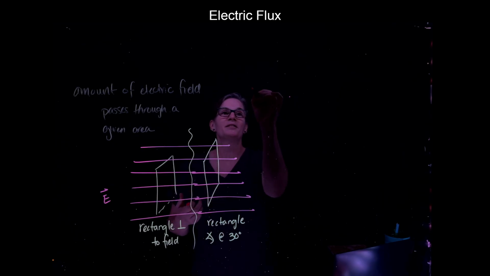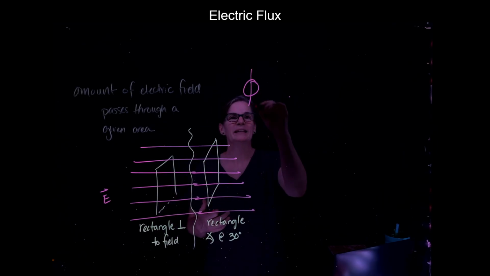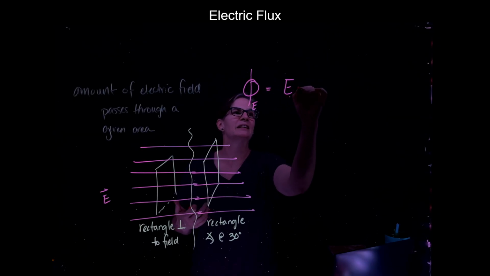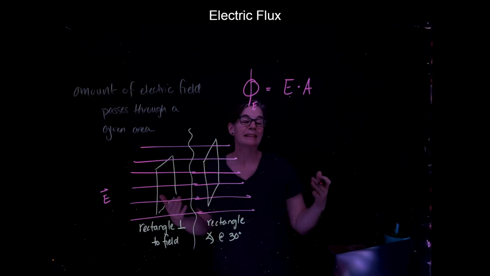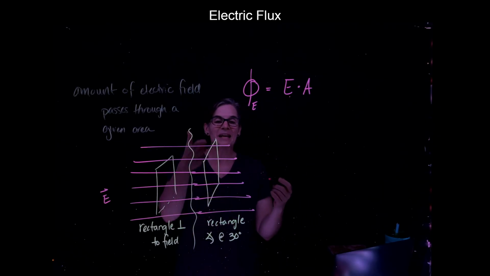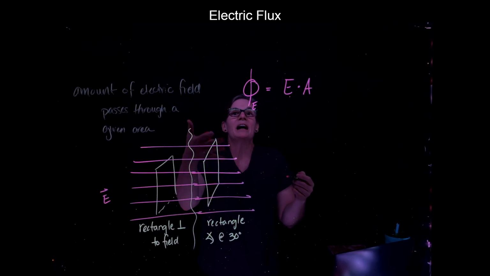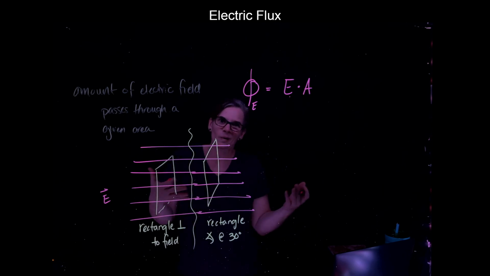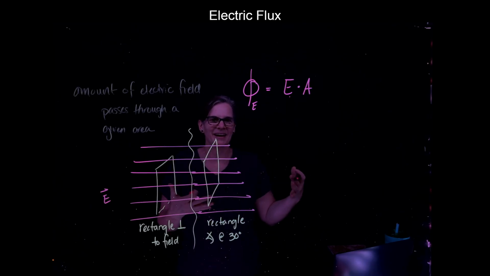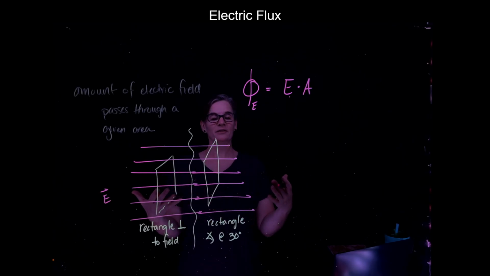The electric flux, which we designate as phi, is equal to the electric field in the dot product relationship with the area. So it is the perpendicular component of the area, or said another way, the perpendicular component of the electric field to the area that gives rise to the electric flux.